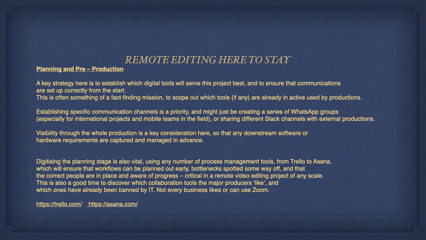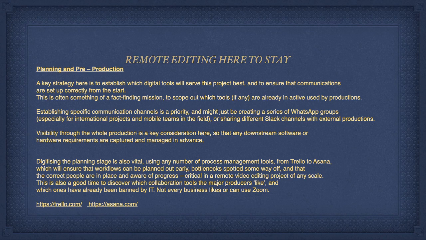Establishing specific communication channels is a priority, and might just be setting up a WhatsApp group, especially for international projects and mobile teams in the field, or, for example, sharing different Slack channels with external productions. Visibility through the whole production is a key consideration here, so that any downstream software or hardware requirements are captured and managed in advance.